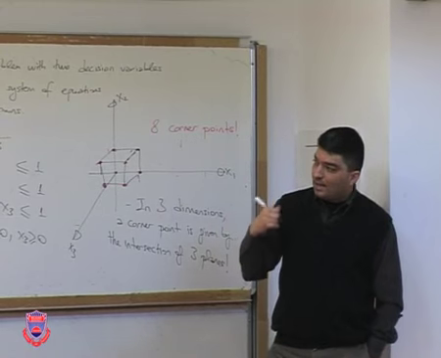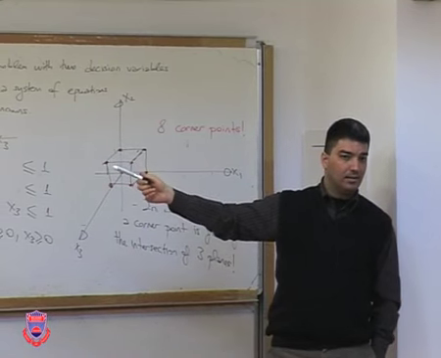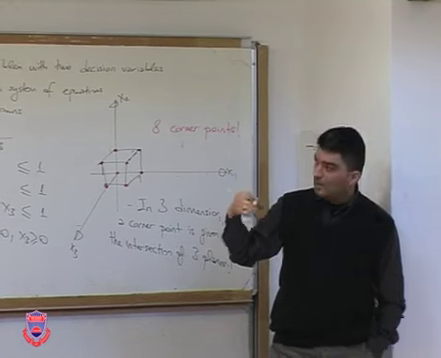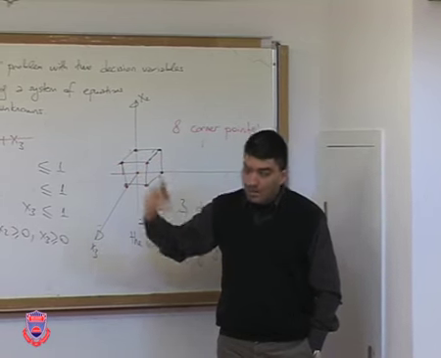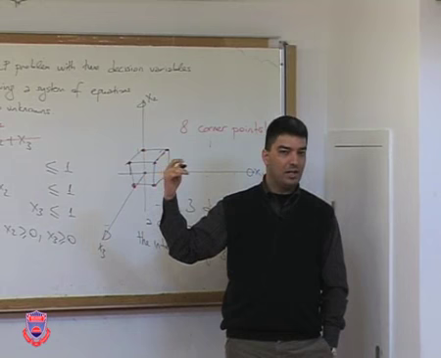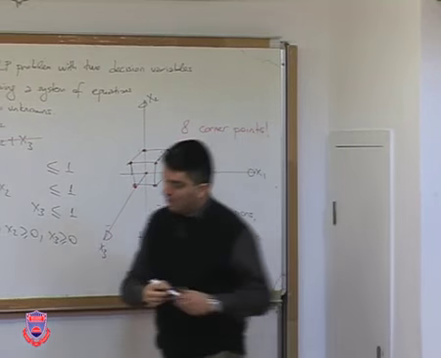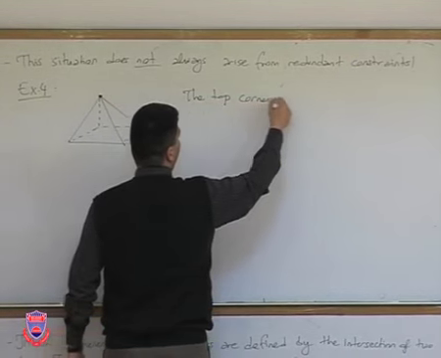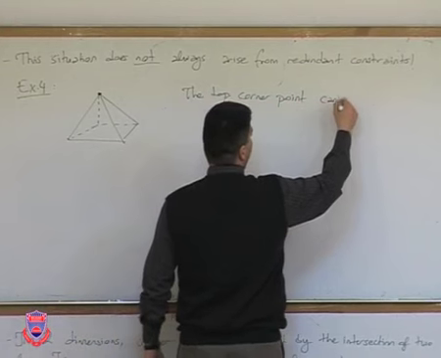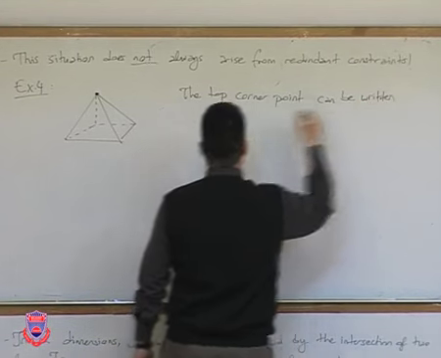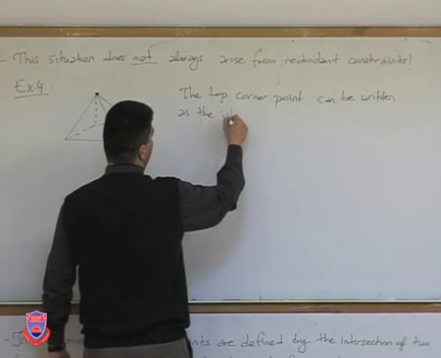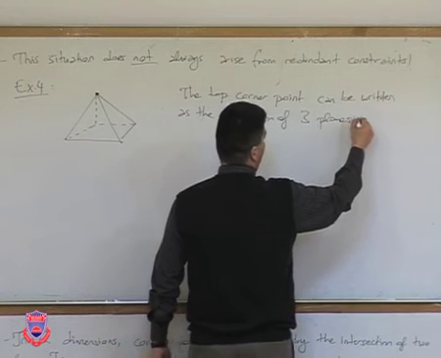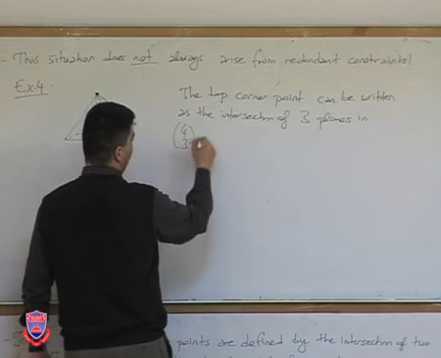Okay? And unlike the previous example, none of the constraints in this case is redundant. If you remove any constraint, then your feasible region will change. Okay? So as a result, such a case does not always happen because of redundant constraints. So that's the main message. So as a result, the top corner point can be written as the intersection of 3 planes in 4 choose 3, which is equal to 4 different ways.